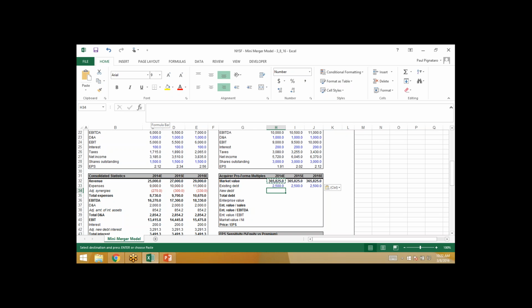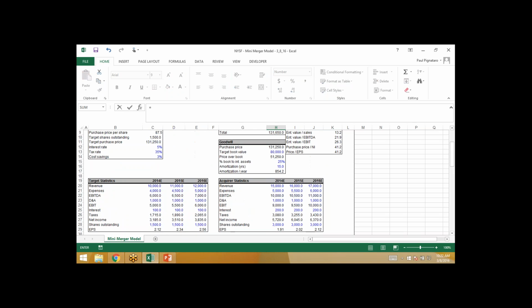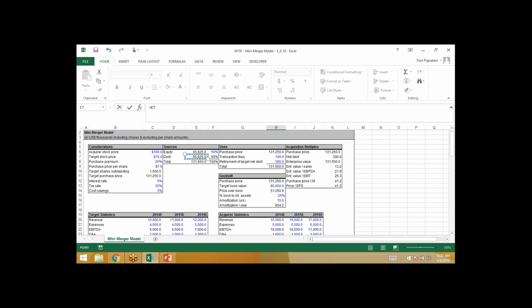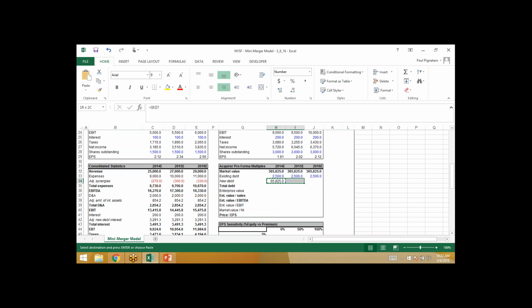So we've got to bring in the new debt raised, which we have up above. Anchor that so we can copy this to the right. Do this for all 3 years. So the total debt that we have now is the new debt raised plus the acquirer's old debt. Target's debt's gone, we paid it down. So the enterprise value is that new debt plus the market value.